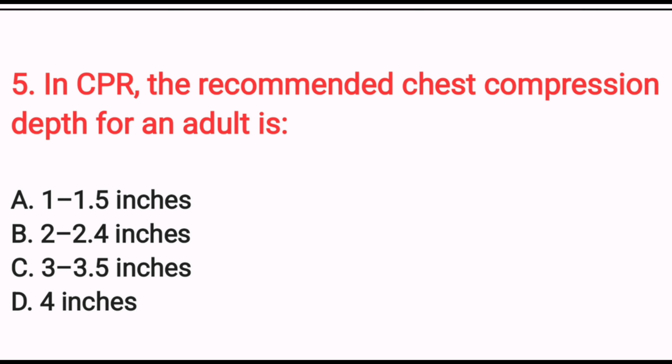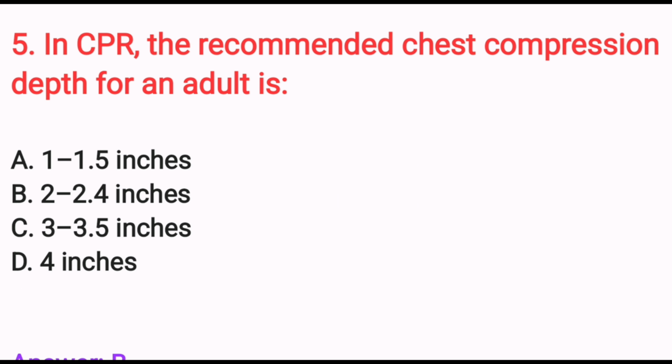Next, in CPR, the recommended chest compression depth for an adult is option A 1 to 1.5 inches, option B 2 to 2.5 inches, option C 3 to 3.5 inches, option D 4 inches.